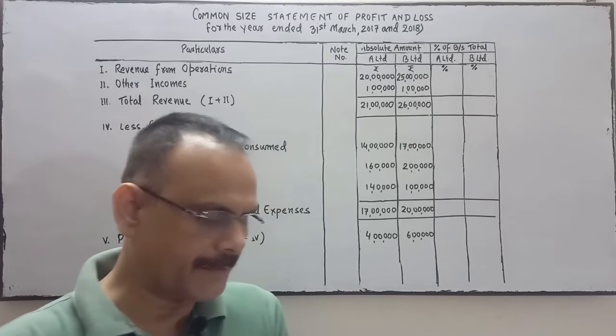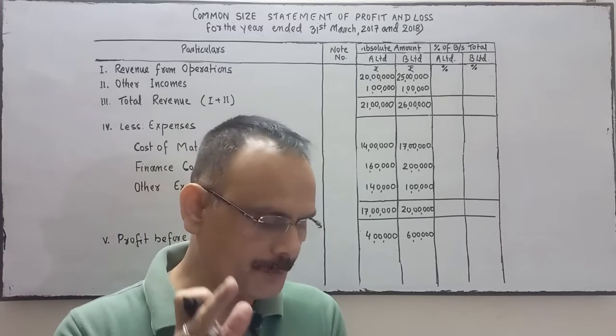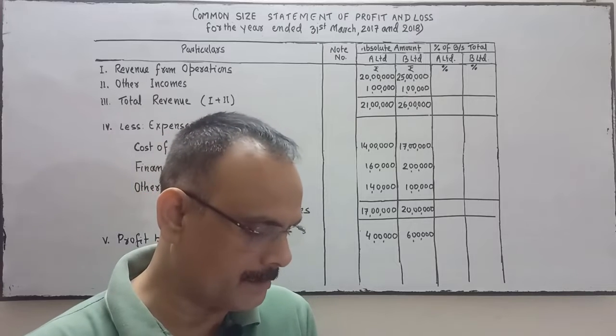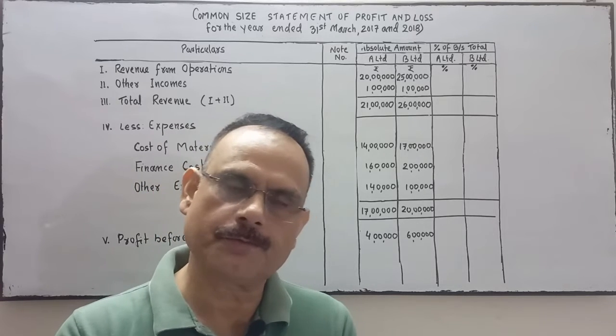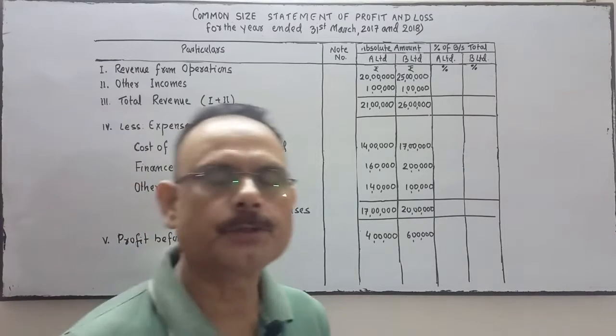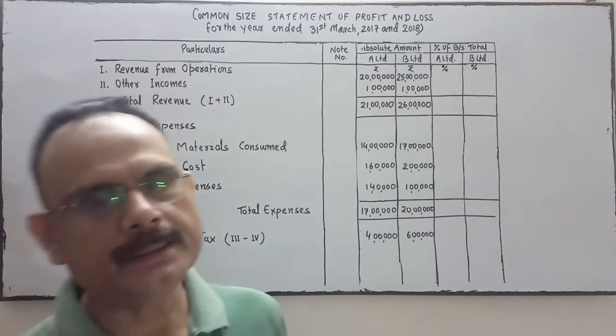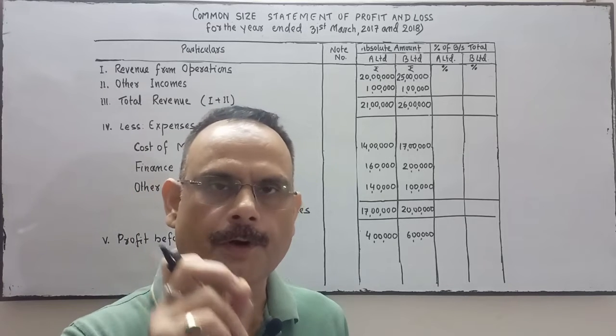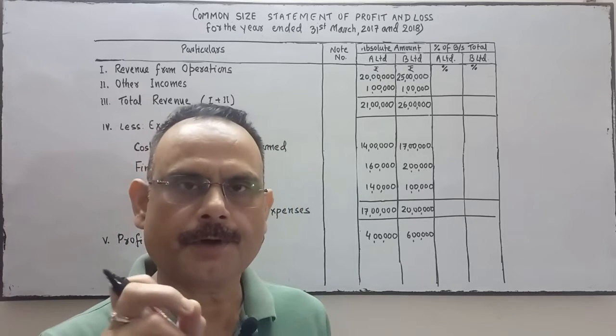Items are revenue from operation, other income, cost of material consumed, finance cost and other expenses.